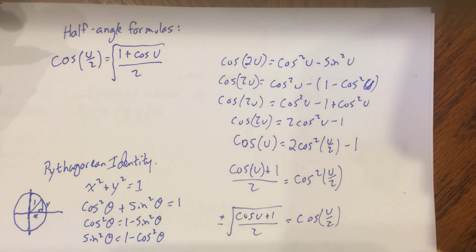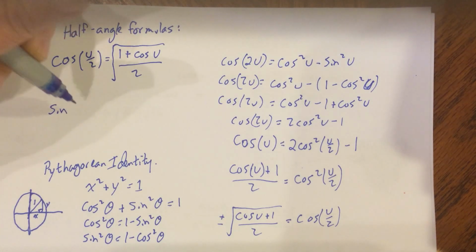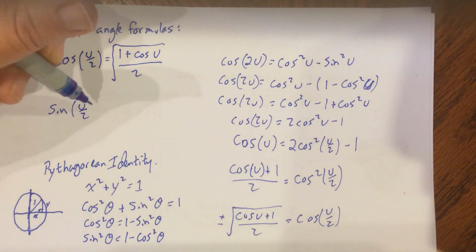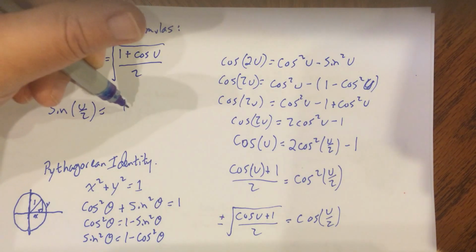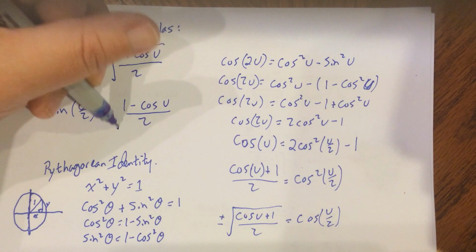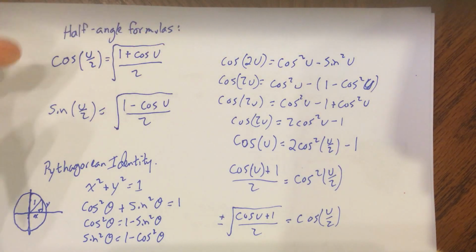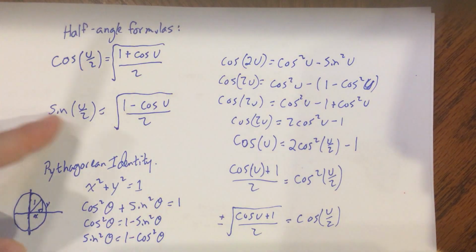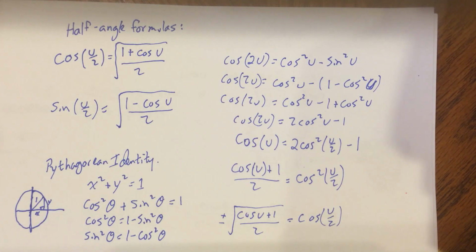If I solve for my sine, then I get sine of u over 2 to be the square root of 1 minus cos of u over 2. So the cos is just a plus, the sine is just a minus, so we're going to write it like that. Tan, again, you can find, but you also can just do sine over cosine. So we'll use these next.